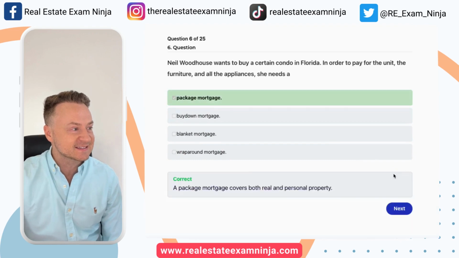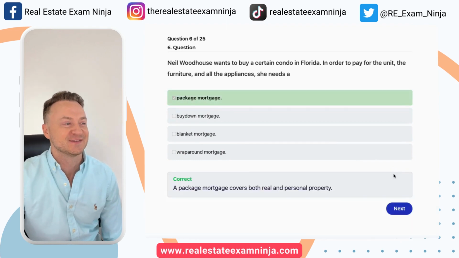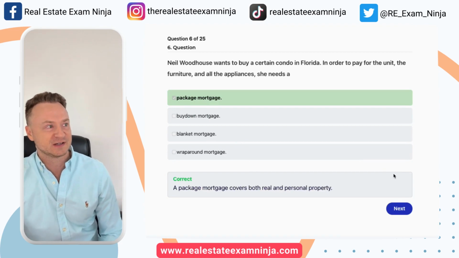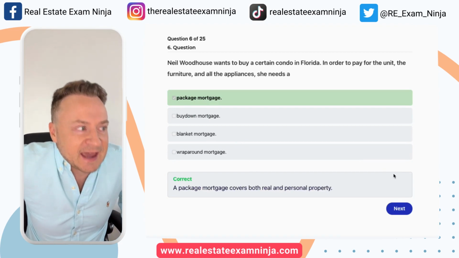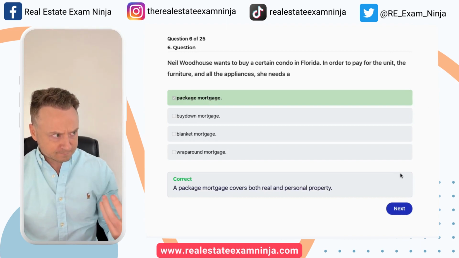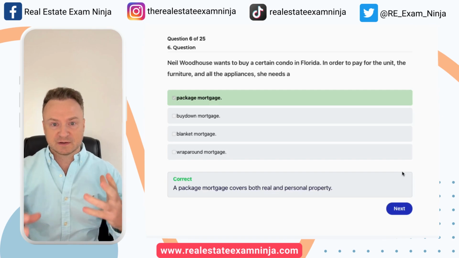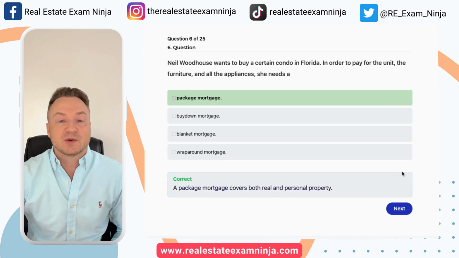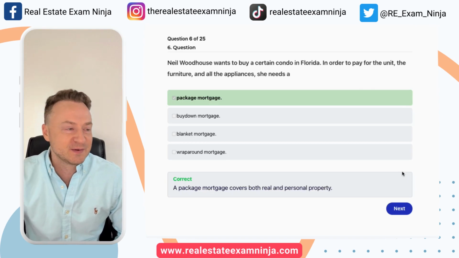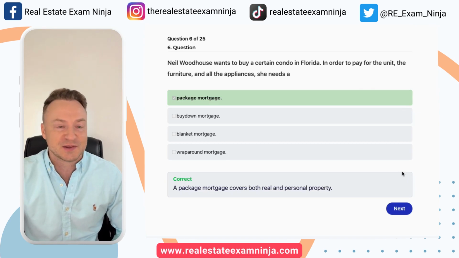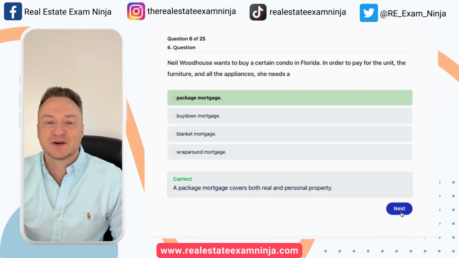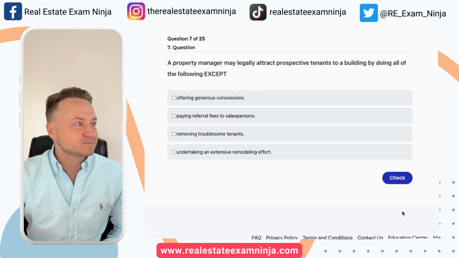A package mortgage covers both real and personal property. Very rare mortgage. Sometimes you see these at beach condos, right? Because if I own a beach condo, it's kind of like specific furniture that's kind of beachy, and I don't really want to pack that up and take that to Montana, right? It wouldn't make much sense hanging seashells on the wall in Montana. So a package mortgage is what that's called.